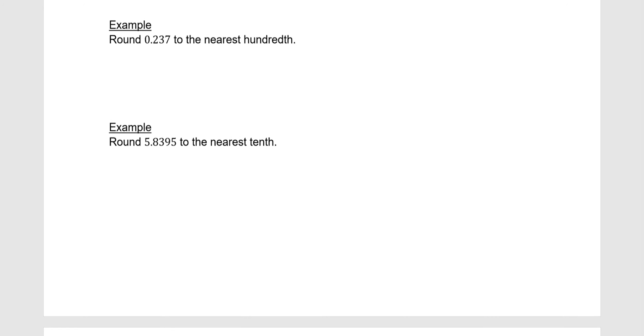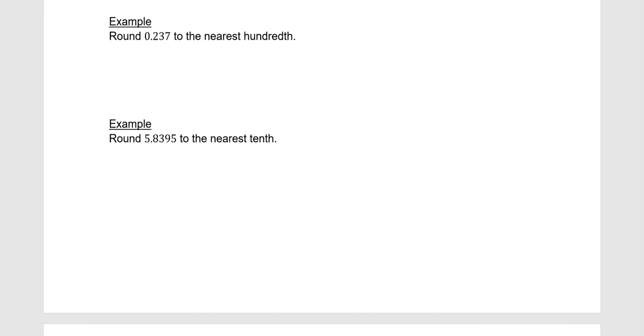So for example, let's round 0.237 to the nearest hundredth. So first, we have to find the hundredth. So here is the hundredth, right here. It's the 3. So when we're rounding that to the nearest hundredth, what we have to do is look to the digit to its right.